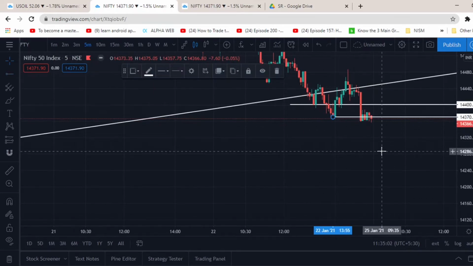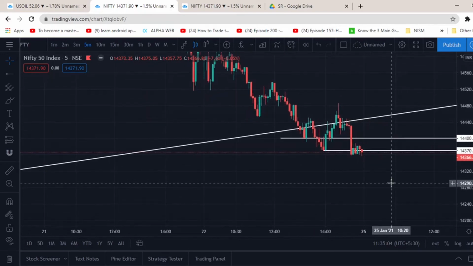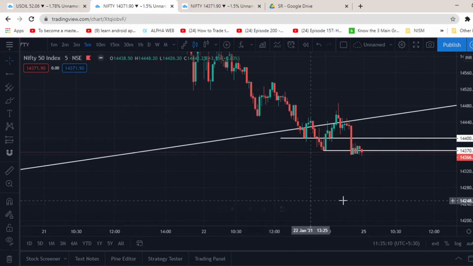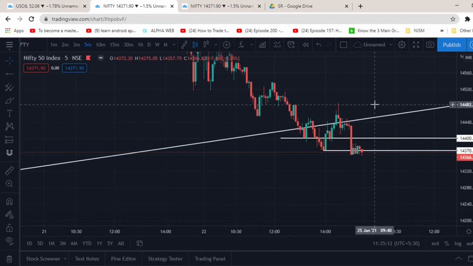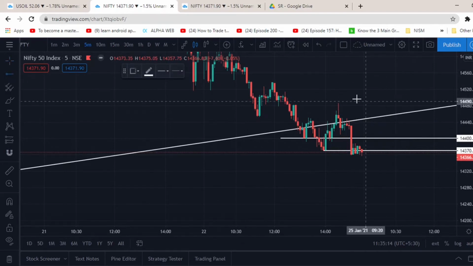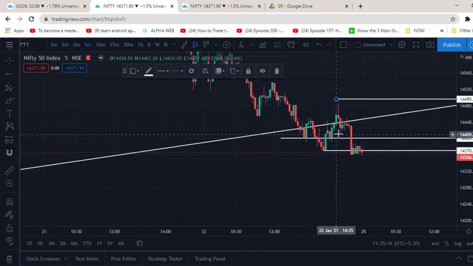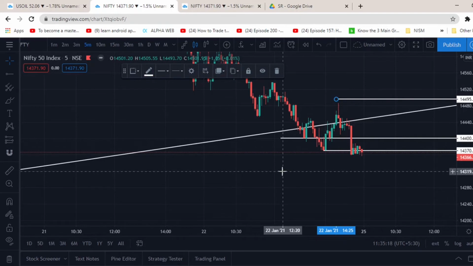There are two ways we can enter the trade. We can keep the stop loss just above the red candle high in the hourly chart, or in the lower time frame, we can keep the stop loss just above the swing high like this. Keep some buffer. These are the two ways you can enter the trade.